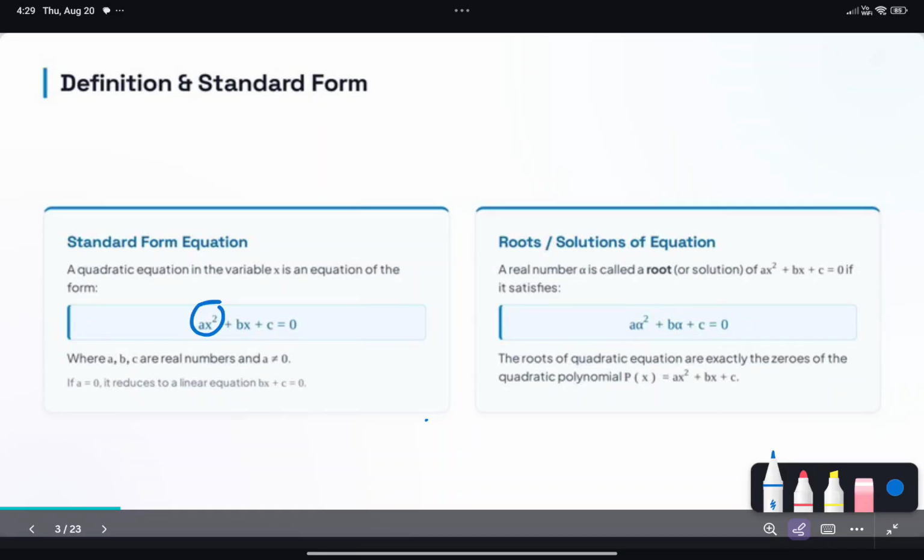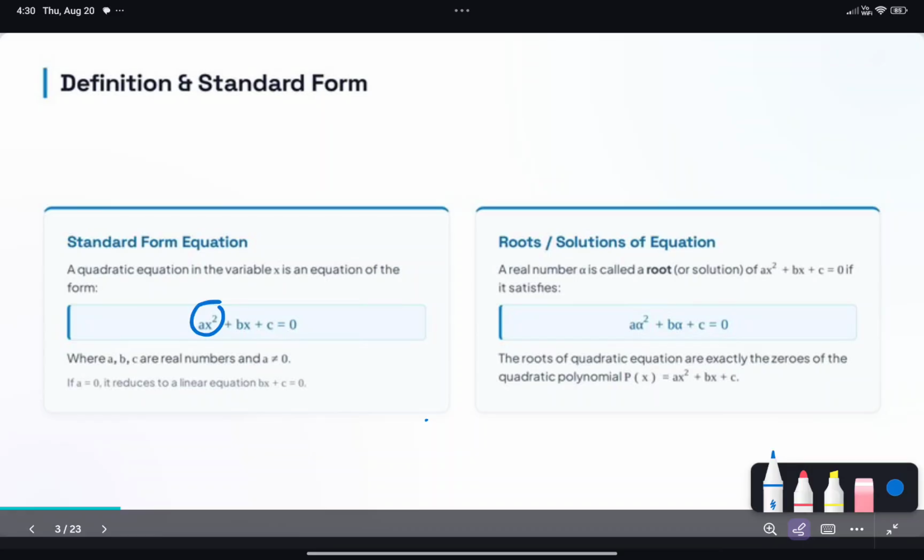Clear? The roots of the quadratic equation are exactly the zeros of the quadratic polynomial. Here the zeros of the quadratic equation are the zeros of the quadratic polynomial p of x.